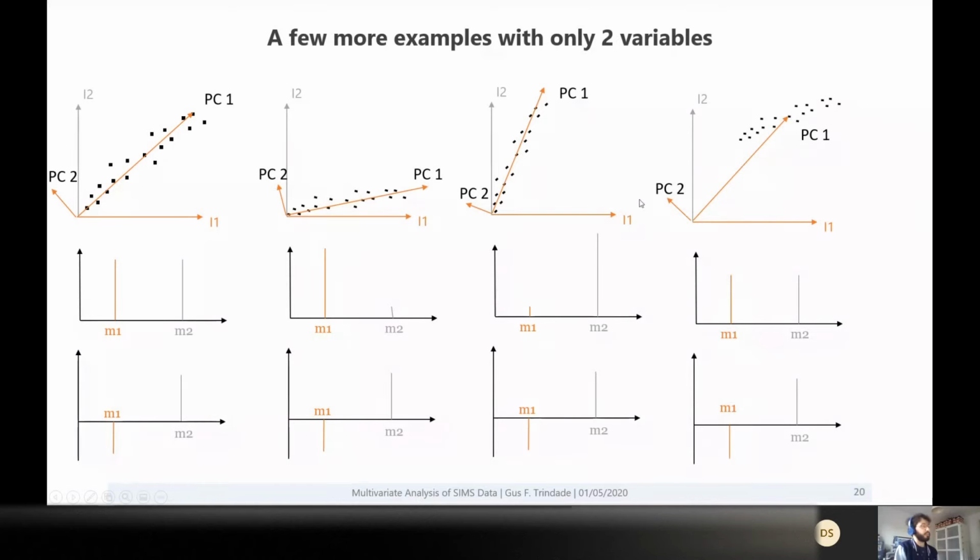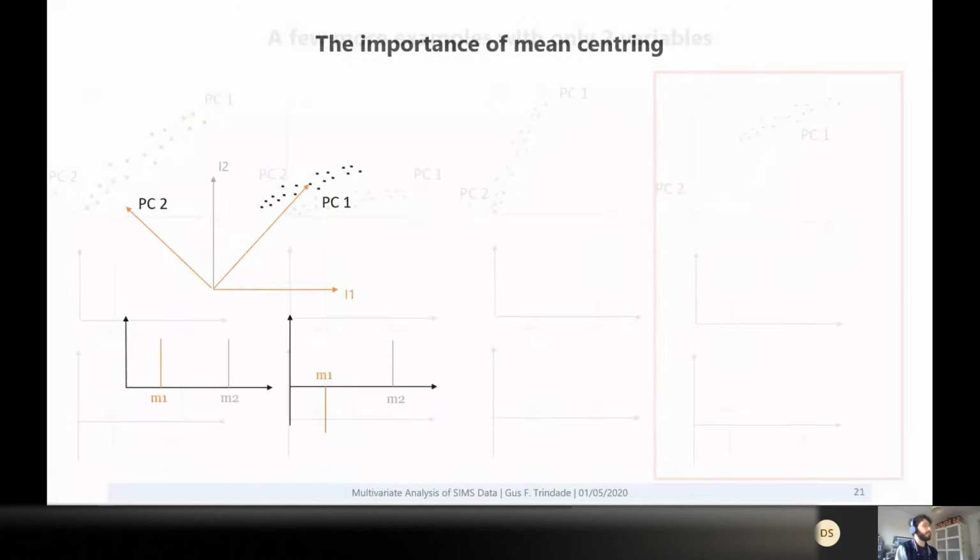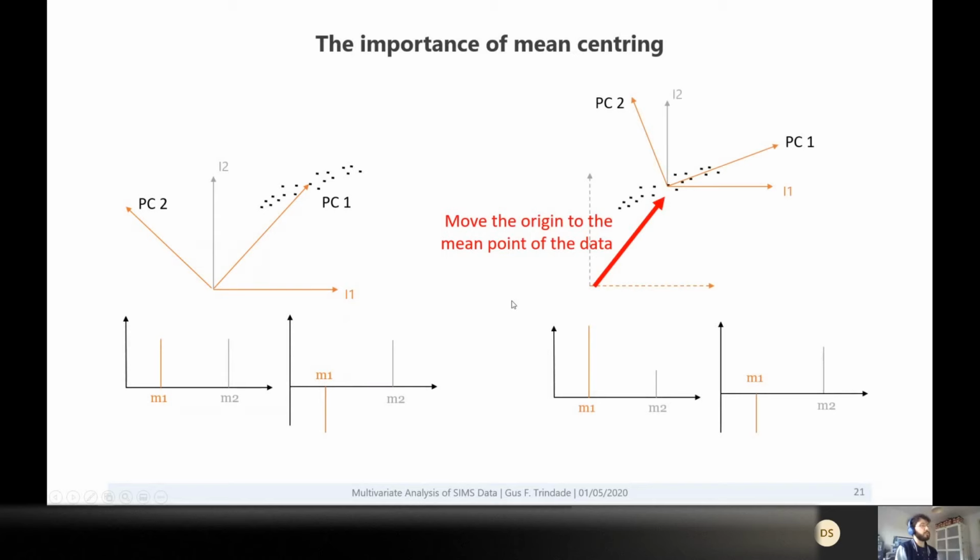And that's why we always have to do something called mean centering before we do PCA. So what we do is we move the origin of your set of axes, I1, I2, to the average point of your data. We just move it there, and then we find the principal components. So now you see that PC1 actually has higher contributions from M1 than from M2, not equal contributions.